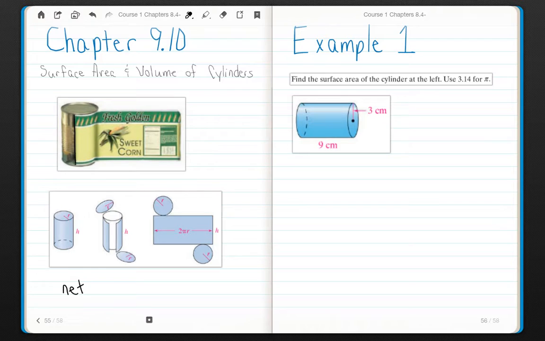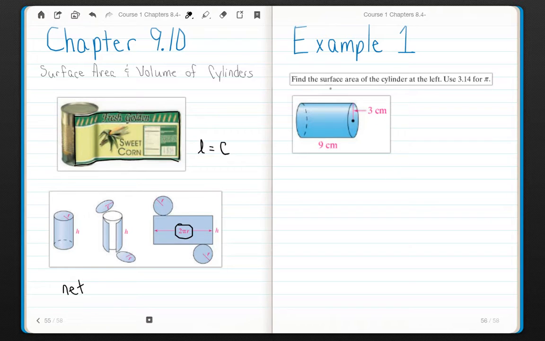If I cut the can label and I start to unpeel it, as it comes off, it creates a perfect rectangle. The length of the rectangle is equal to the circumference. So length equals circumference. And we know that the circumference of a circle is found by finding 2 pi r.